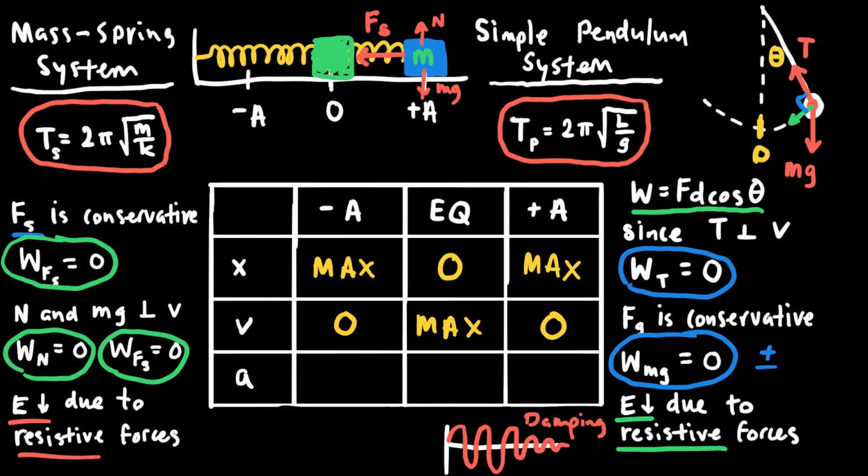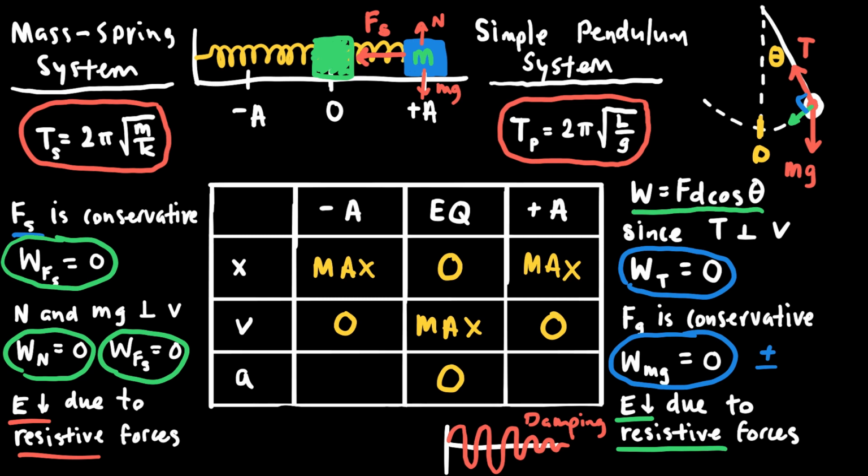And so at the equilibrium position, the acceleration should be equal to 0, because the net force on the object at the equilibrium position is 0. That's why we call it the equilibrium position.